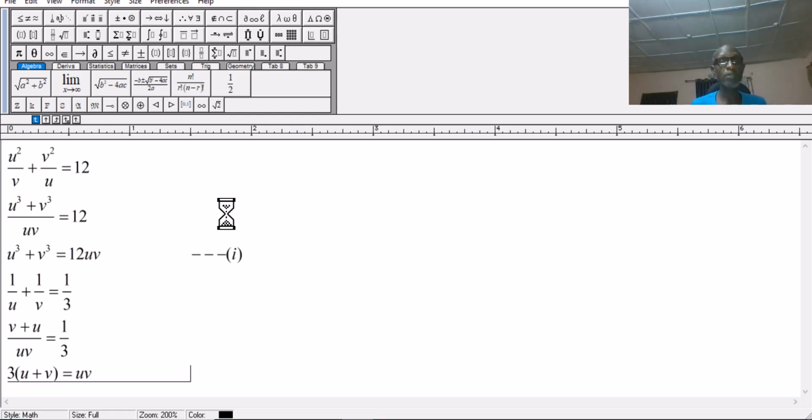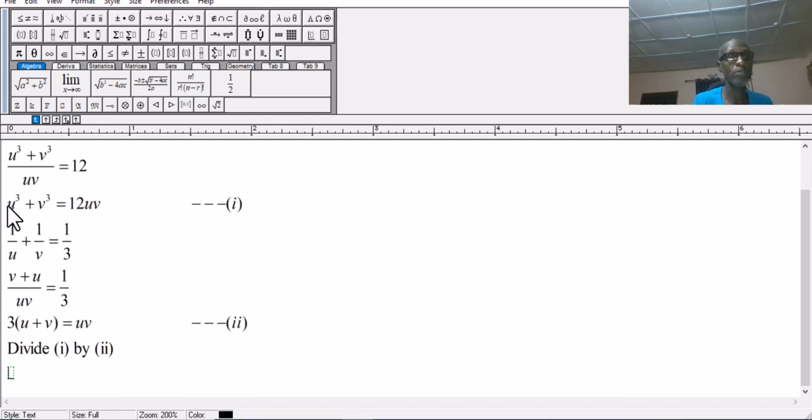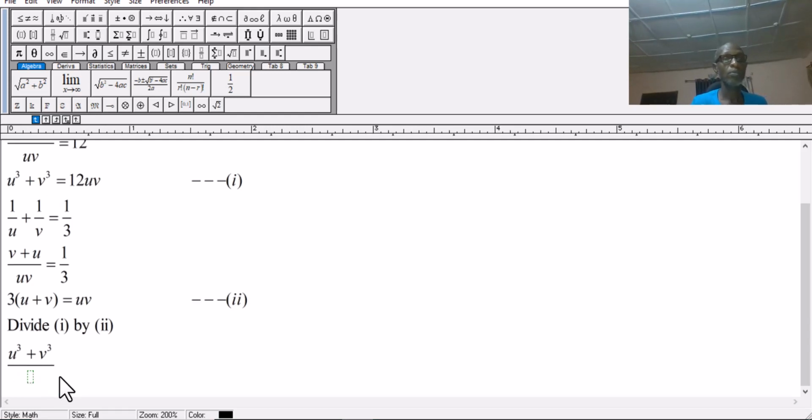Let's count this. So divide 1 by 2. So what we have here, I'll just copy this. 3 into u plus v equals 12uv over uv.